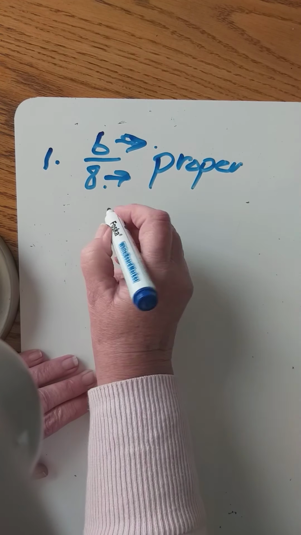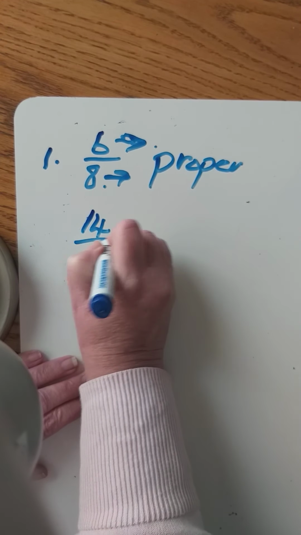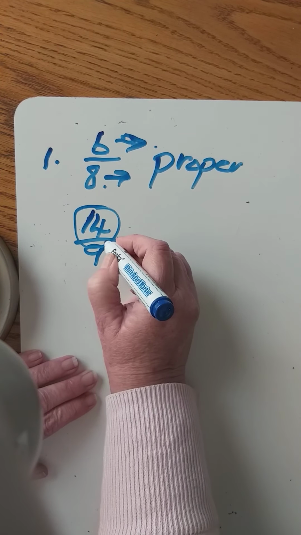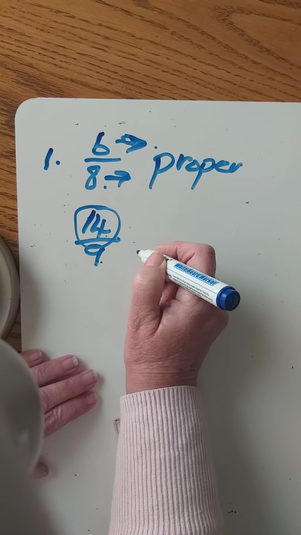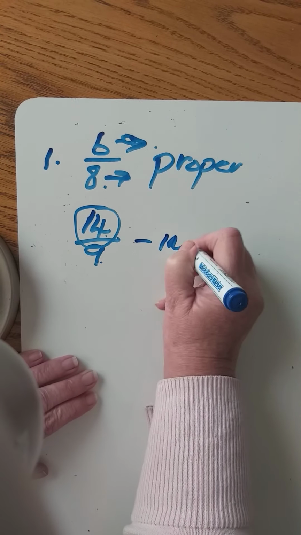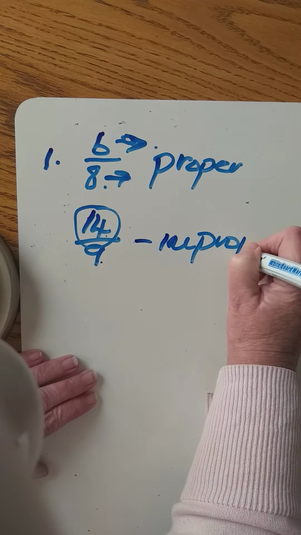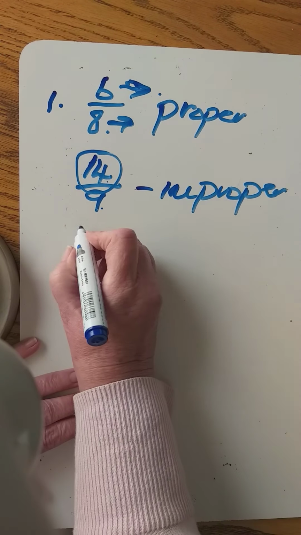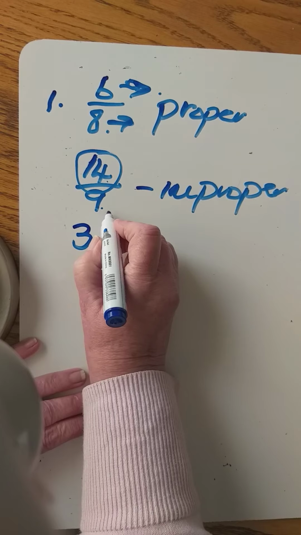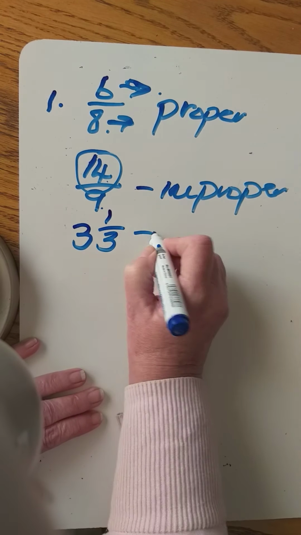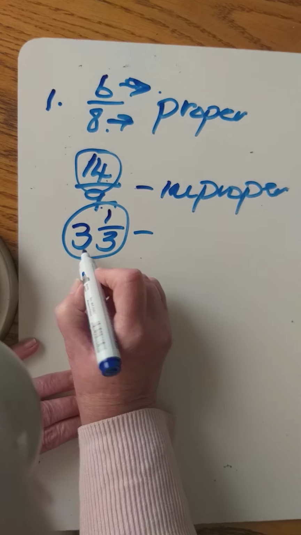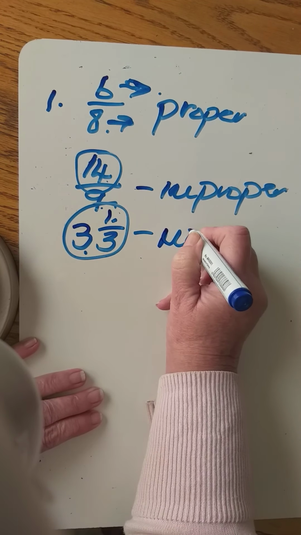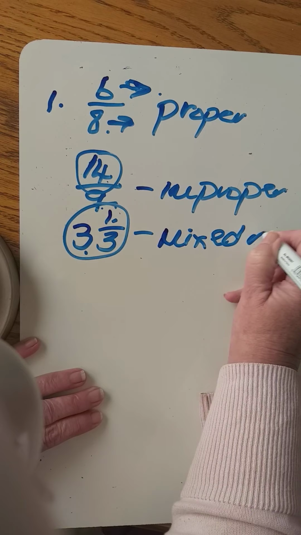When I get to 14/9, I know that the numerator is now bigger than the denominator, and that's going to give me an improper fraction. When I get to 3⅓, I know that that has got a whole number and a fraction. That gives me a mixed number.